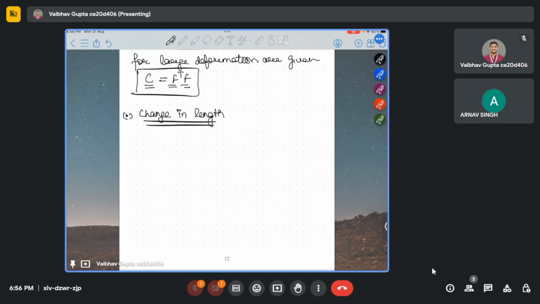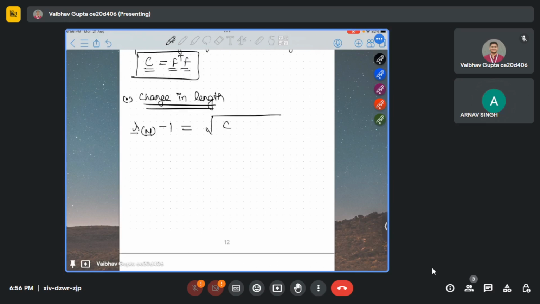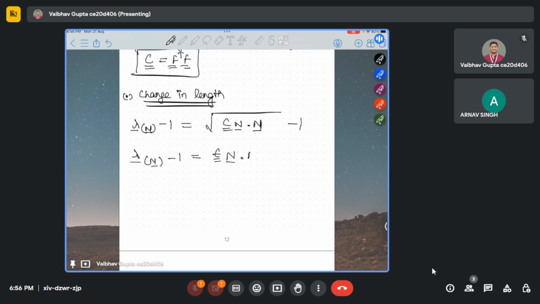Okay, change in length. Change in length is nothing but lambda n minus 1, which is nothing but root of C n dotted with n minus 1. So the simple form is, when deformations are small, the value will be equal to epsilon n dotted with n for small deformations.